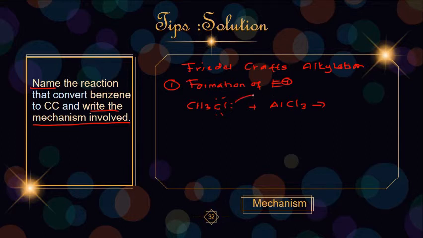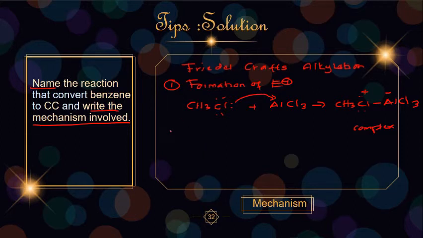It becomes CH3Cl bonded to AlCl3. This one becomes positive, this one becomes negative. Actually you form a complex here. Okay, you cannot get the electrophile from here, but you can get it from the second step.